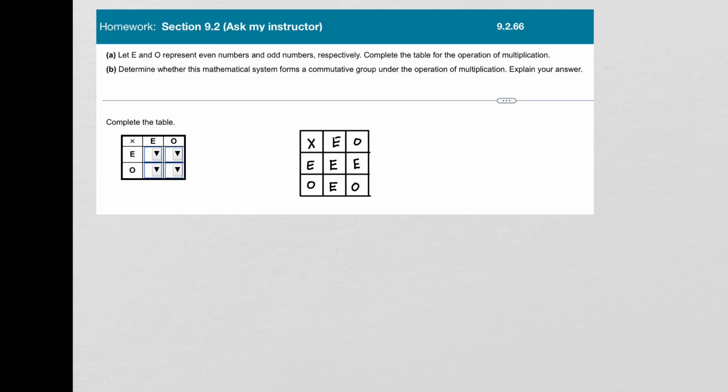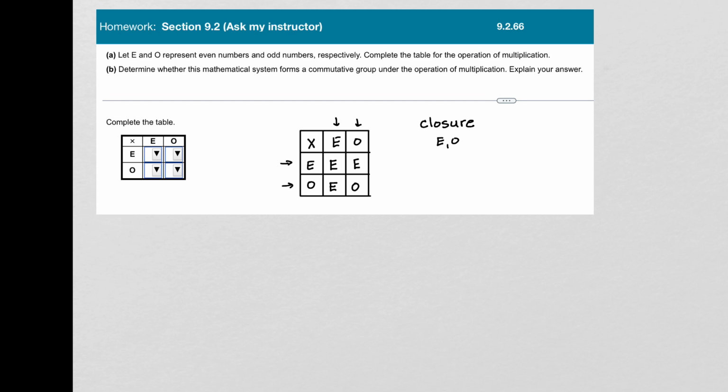So the first thing I'm going to check for is, do we have closure? Well, our elements are E and O. That's what we had in our top row and our first column here. And then the multiplication results are all E's and O's.